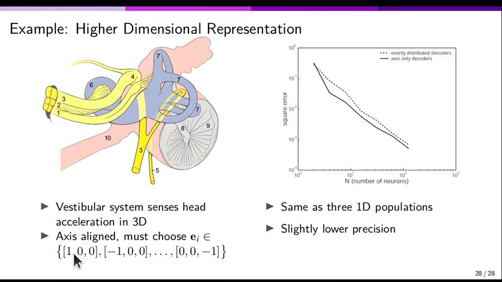And so, that fits our models perfectly fine. It's just that instead of randomly choosing encoders from a 3-dimensional space, there are only 6 possible axis-aligned encoder vectors. So we've got 1 and -1 on one axis, 1 and -1 on another axis, and 1 and -1 on the third axis. So you can build models that way as well.